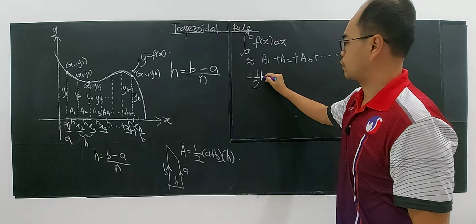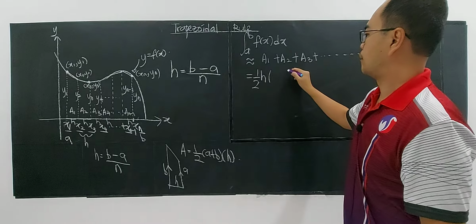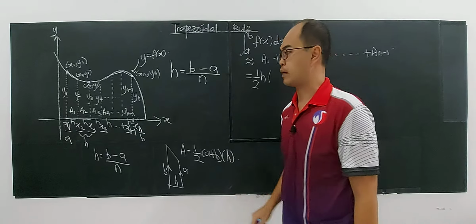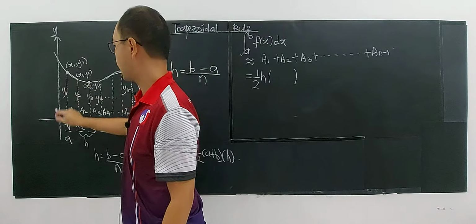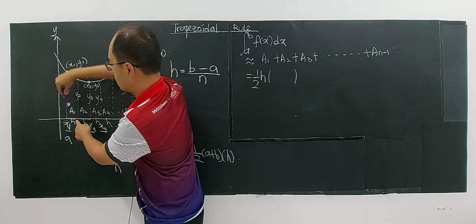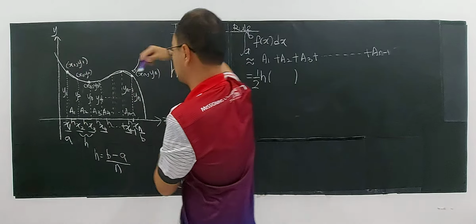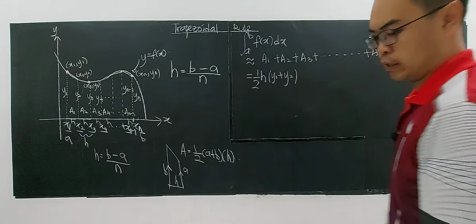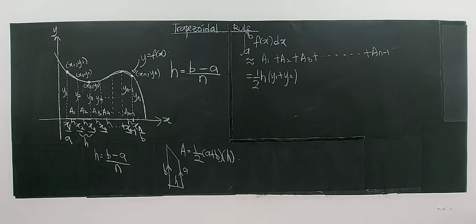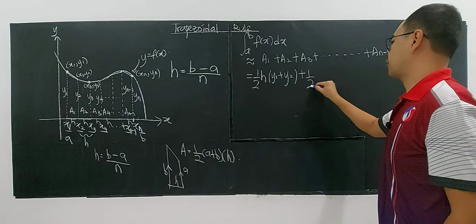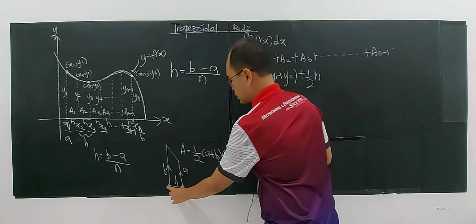The height of the trapezium, h, is multiplied by a plus b. The a plus b here is these two parallel sides, so I get y1 plus y2. Y1 plus y2, followed by A2, which is also half h, the same.